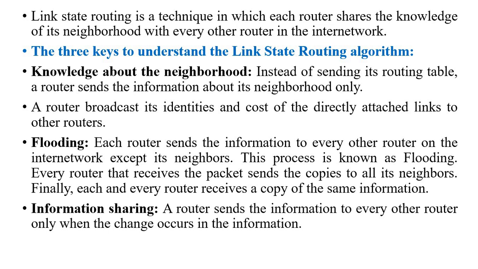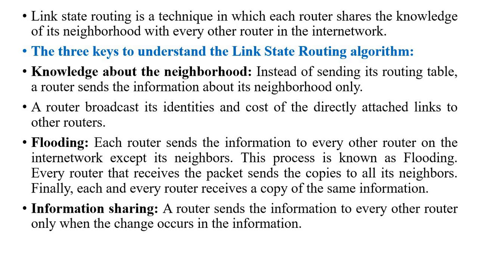Each router sends the information to every other router on the internetwork, and this process is called flooding. Every router that receives this packet sends a copy to all of its neighbors, and once every router receives the copy, they will start to update their own routing tables.